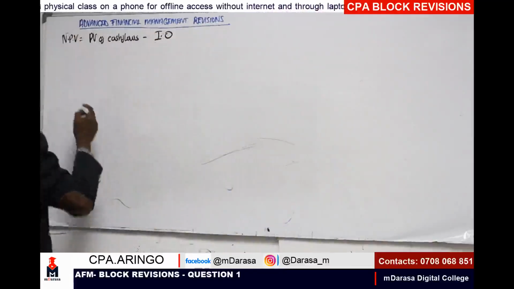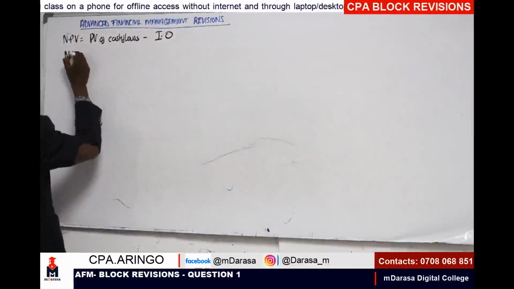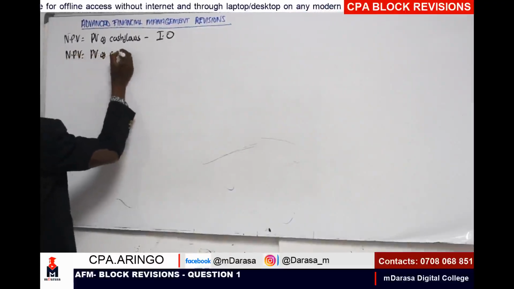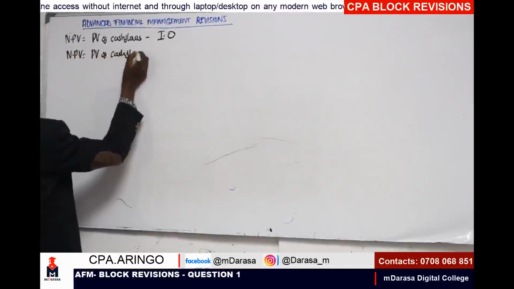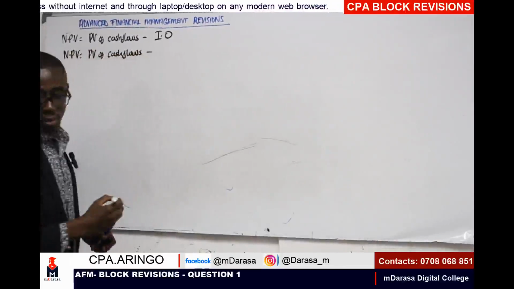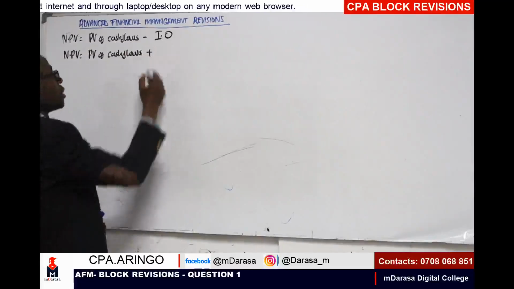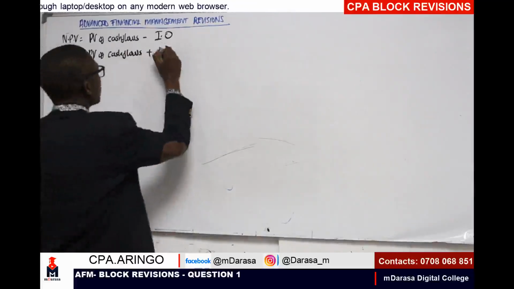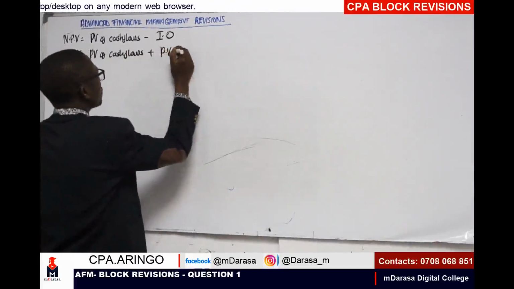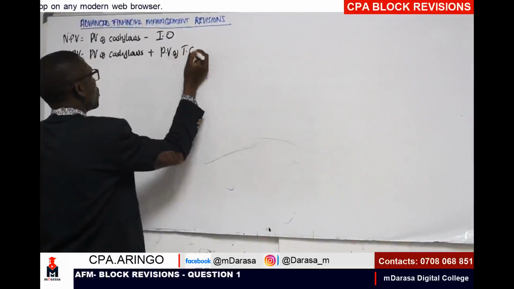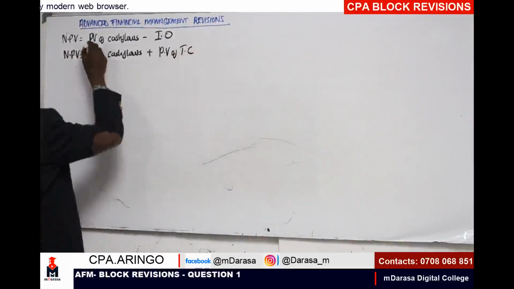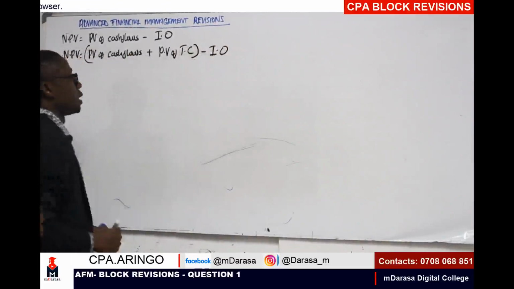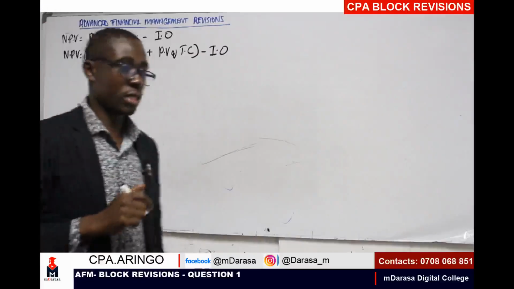Where we are having our terminal cash flows, our NPV will be present value of our cash flows, we add present value of our terminal cash flows, that is as at the end of the period, we less our initial outlay. Very important.